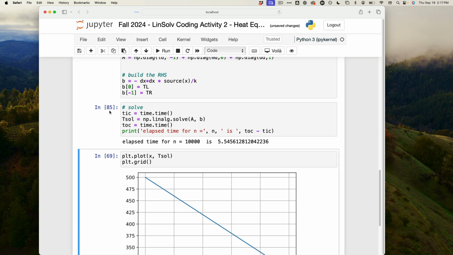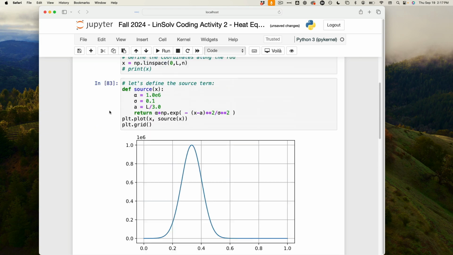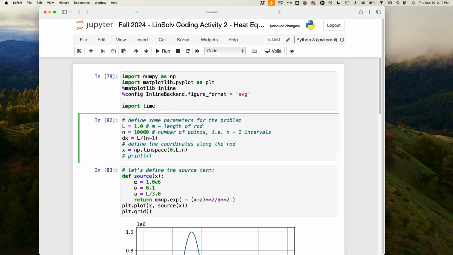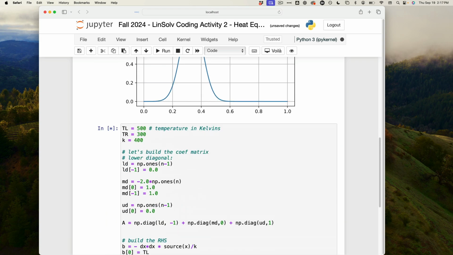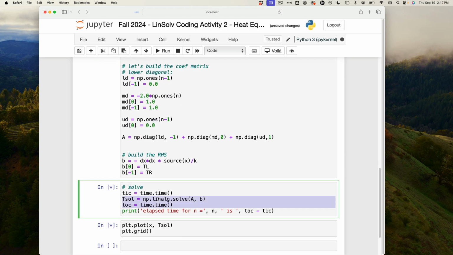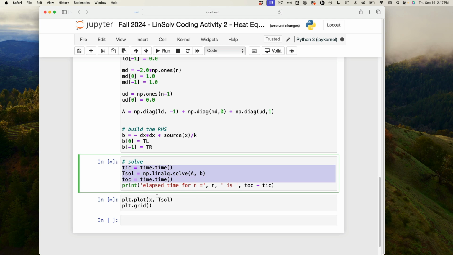We were going 0.1, 0.05, 0.1, 0.3, and then 5 seconds. Now let's do 50,000. Oops, still running here, with 50,000 points. That's a matrix size of 50,000 square. It's still running.